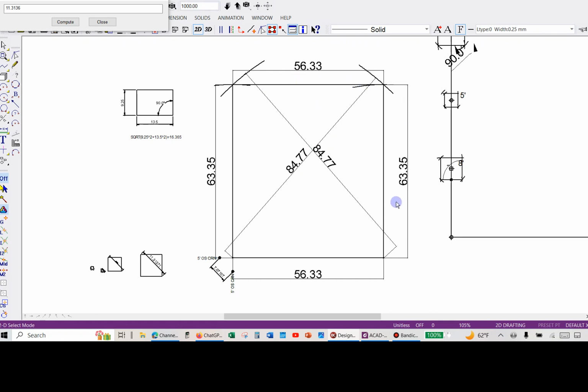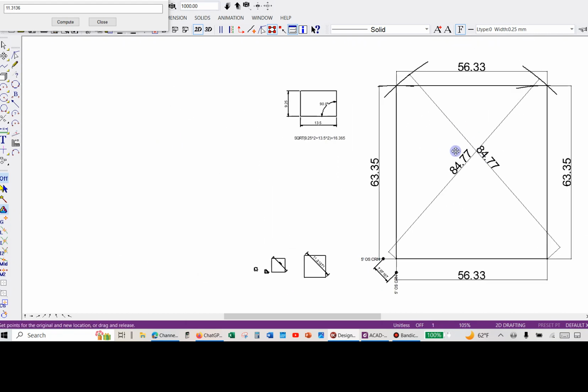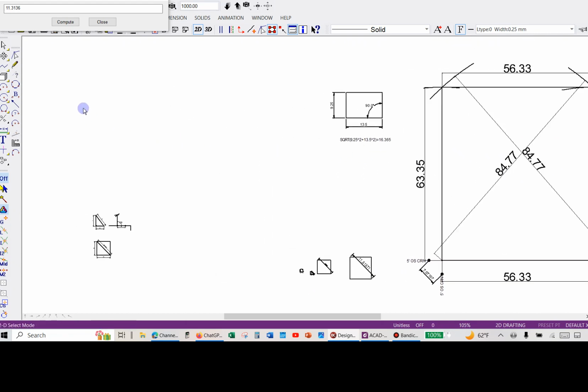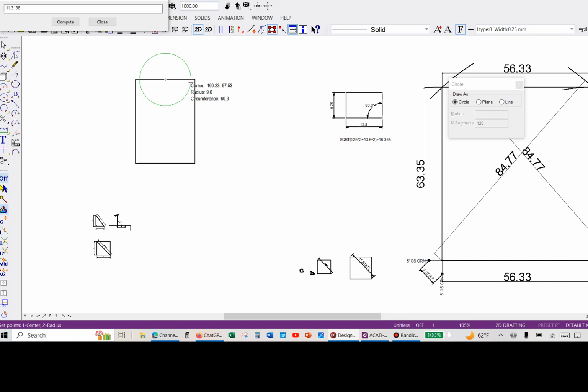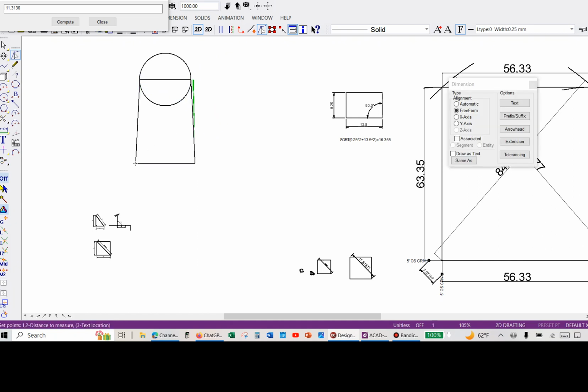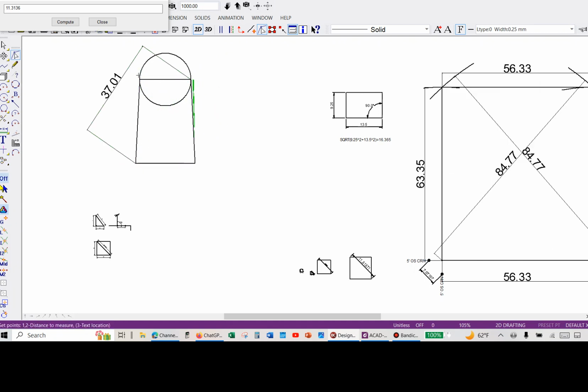So opposite sides have to be the same length, right? Otherwise, you could end up with a trapezoid that looks something like this. So these diagonals are the same, but you're definitely not square, right?